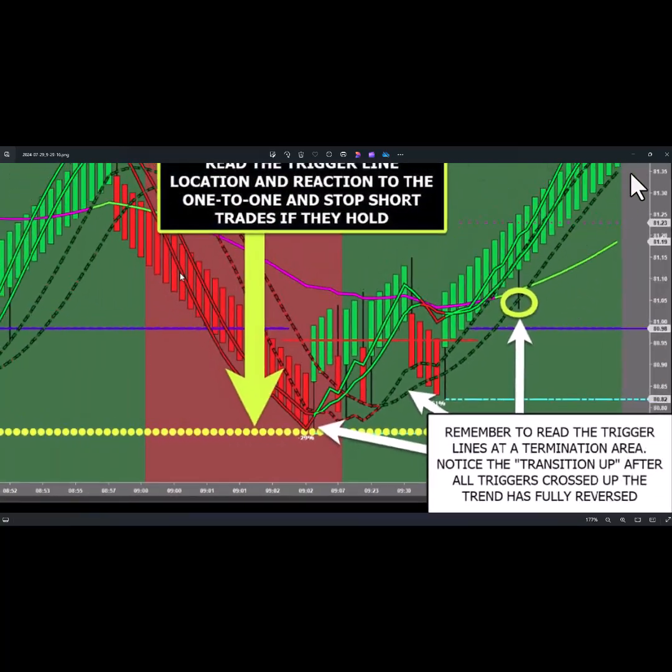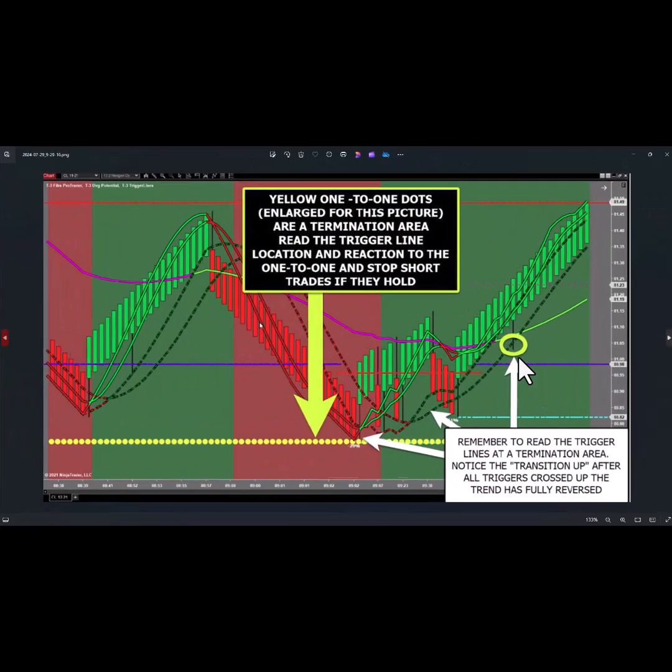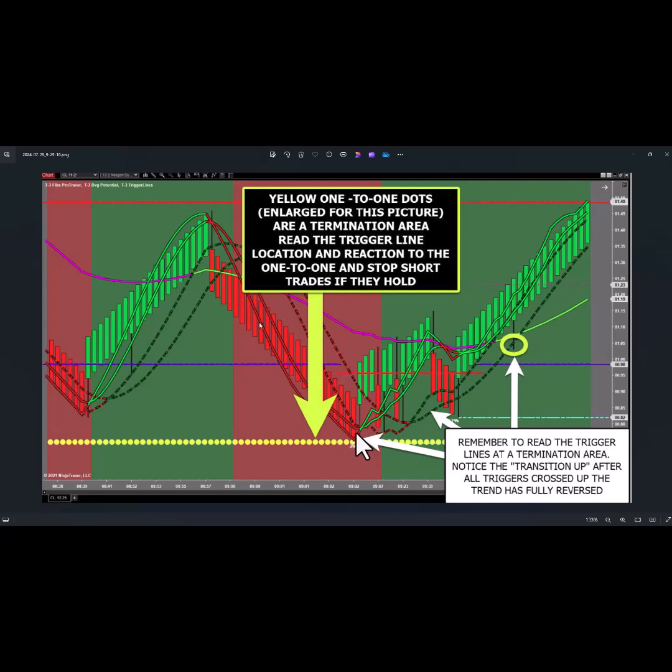And that's all you need to know really with terminations in the beginning, is when do I stop? And ultimately, if you wait long enough, the market is going to give you the opportunity to go long. Right? And I know some people want to catch the bottom, and I got that.